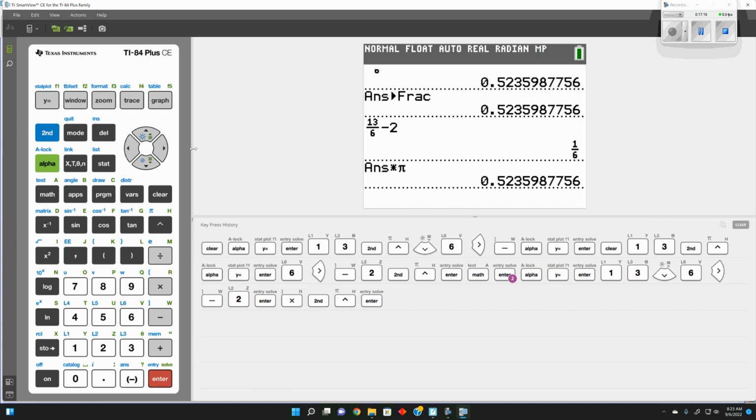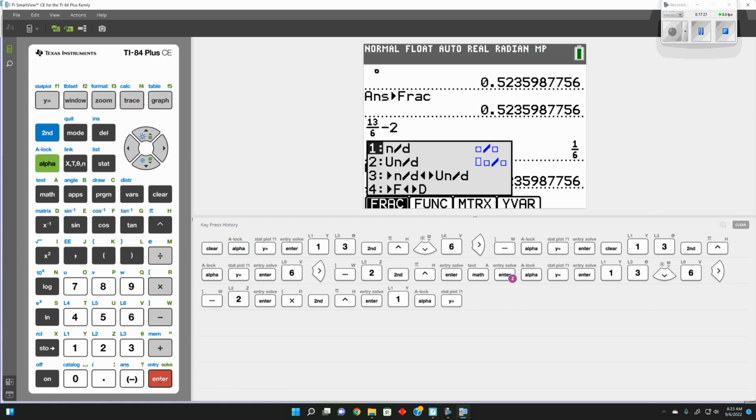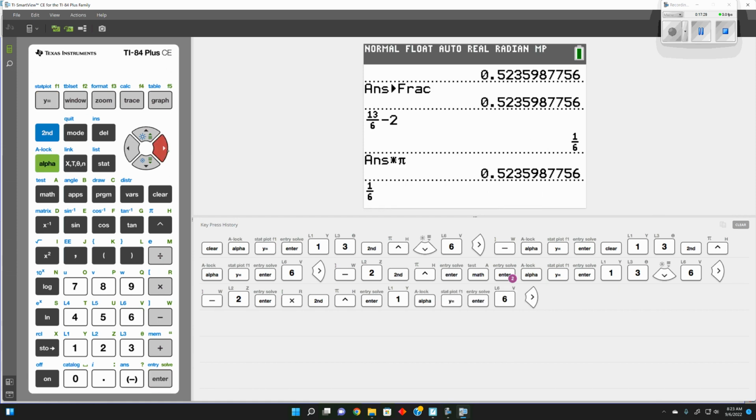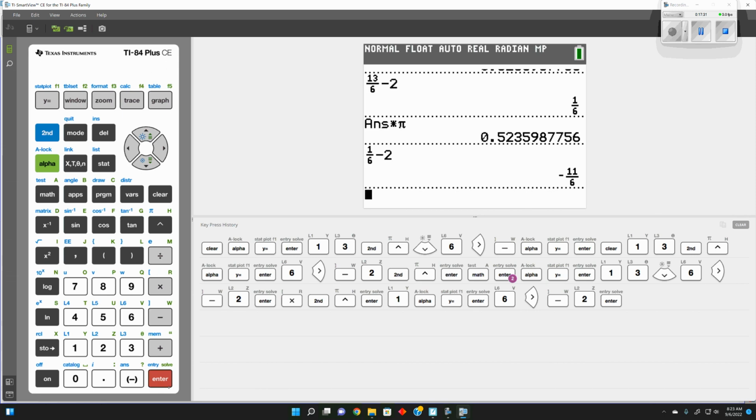Almost. What did we do? We subtracted 2, yes? We can do it again, yes? So we could say 1 alpha y equals enter 6 minus 2. So the next coterminal angle is what? Negative 11 pi over 6.